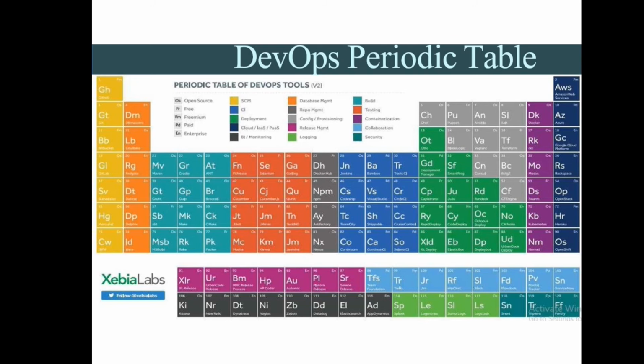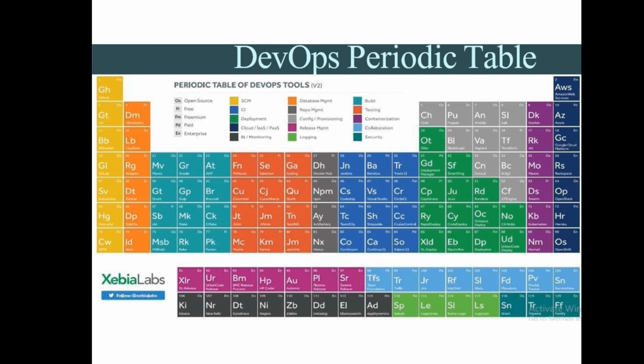Repo management is something like this: you build the binary file, and that binary file you need to keep in a centralized area so that you can maintain versioning on the binary file build, and you will be using some libraries within your code, right? So you can have a third-party library you want to integrate with the code. That is where repo management comes into the picture, where we will have tools like Docker Hub for storing our Docker containers.